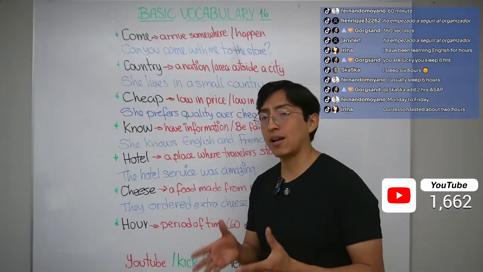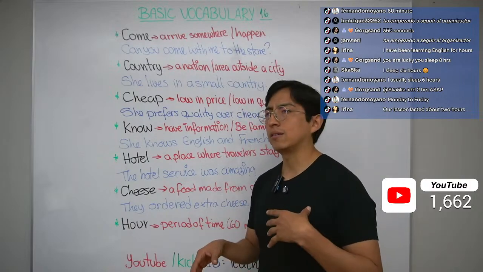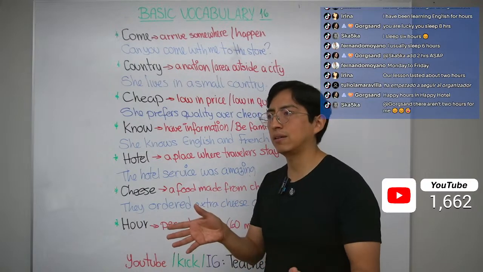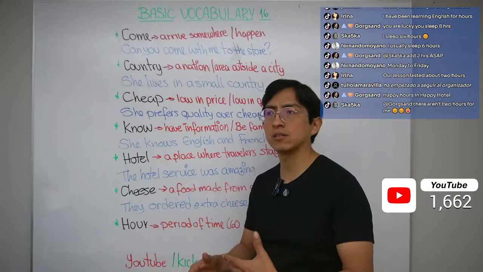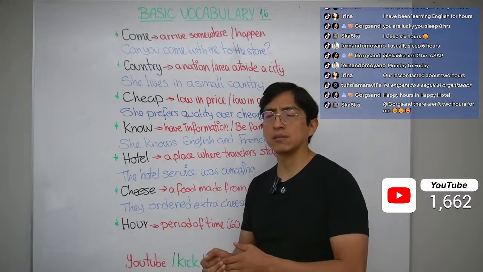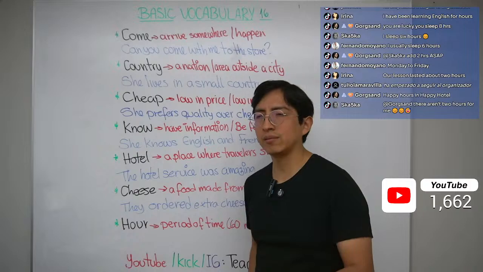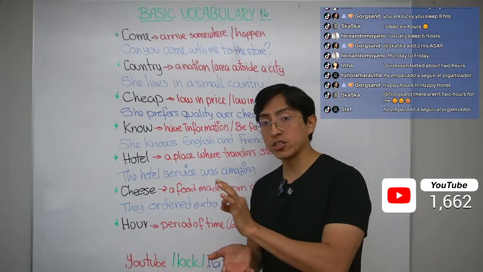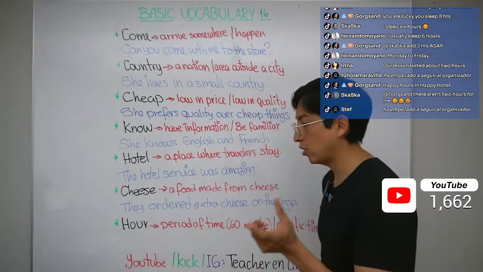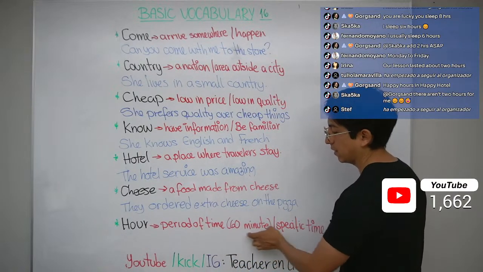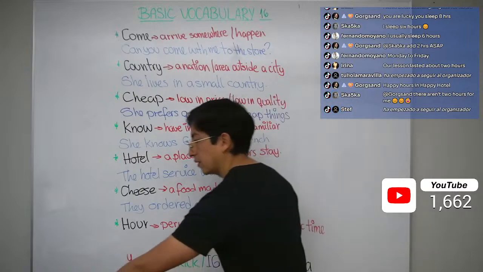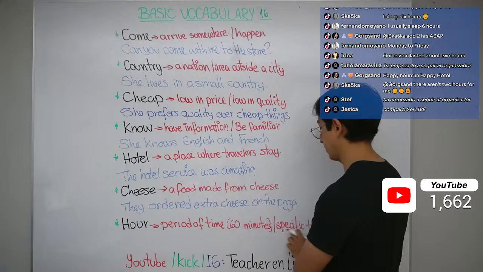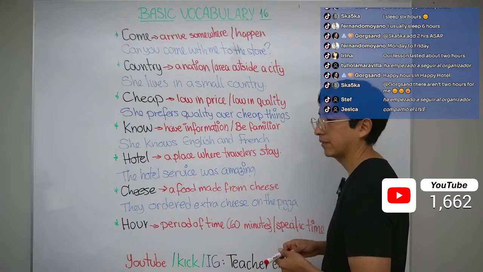Rush hour is the time where there's a lot of cars on the avenue. There's a lot of traffic, and you can't get to your work easily. Okay, that is rush hour. So we're not talking about 60 minutes. We're talking about a specific time.